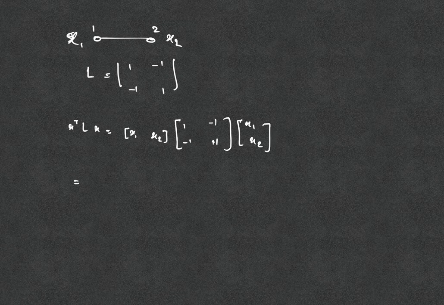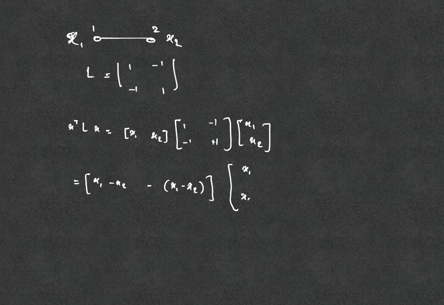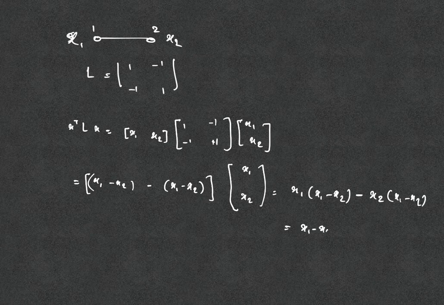You do this multiplication, you're going to get x1 minus x2, minus x1 plus x2, times x1 and x2, which is going to be x1 times x1 minus x2, minus x2 times x1 minus x2, which is going to be x1 minus x2 squared, which is going to be this.